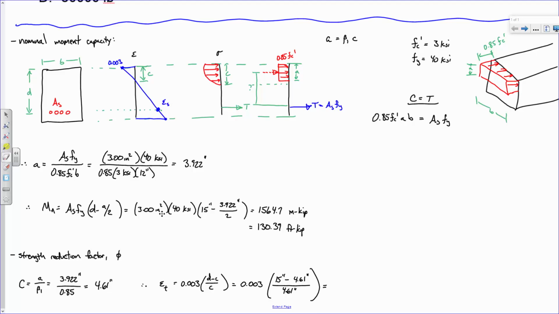Do I have a second on that? Now, looking at that value, what is phi? It's 0.9. Anytime that strain is larger than 0.005, phi is 0.9.